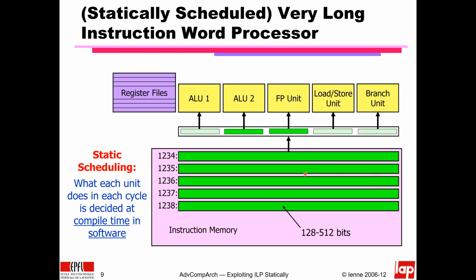I have here an instruction, and this instruction, very long because it contains many sub-instructions or several operations. These instructions tell exactly what should be done by ALU1, ALU2, the floating point units, and so on and so forth, without anybody between me and the units that decides whether we should block, wait, not wait, reorder, and so on.